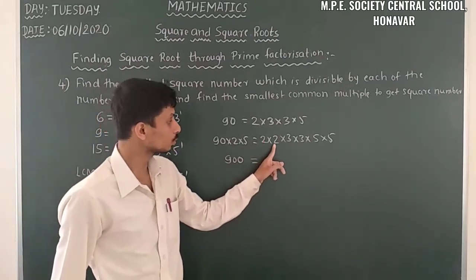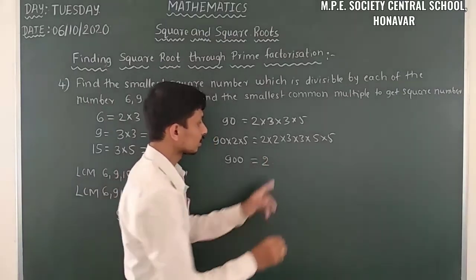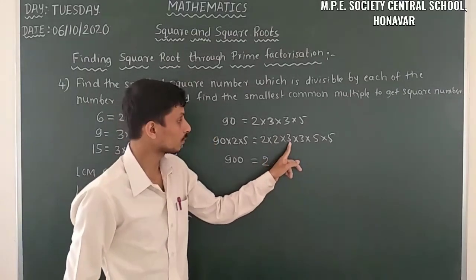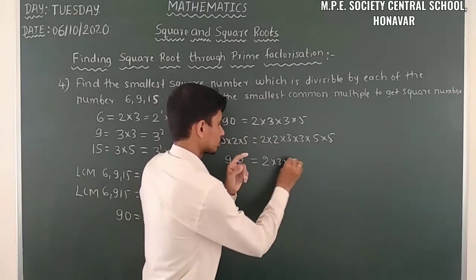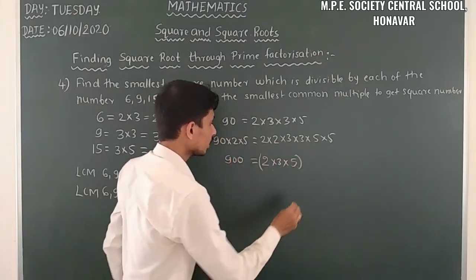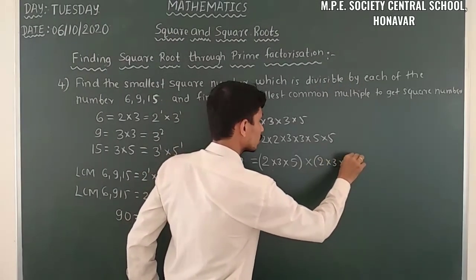That means here two 2s are there, two 3s are there, two 5s are there. So we can take one 2, one 3 and one 5 from one group, and another group is also similar: 2 into 3 into 5.